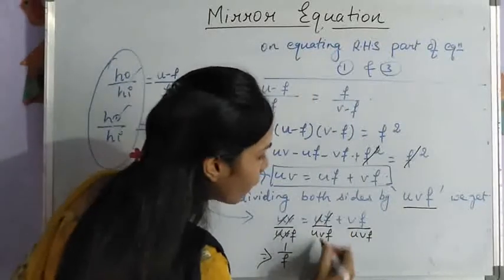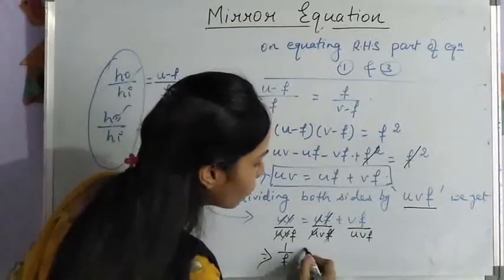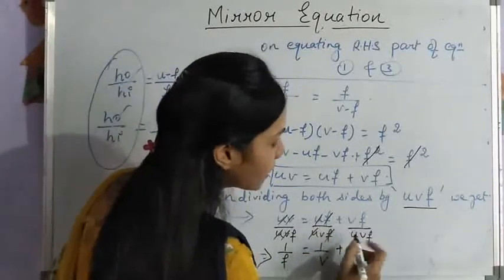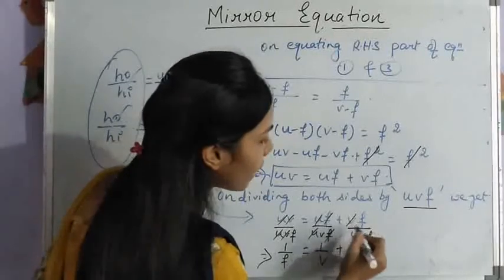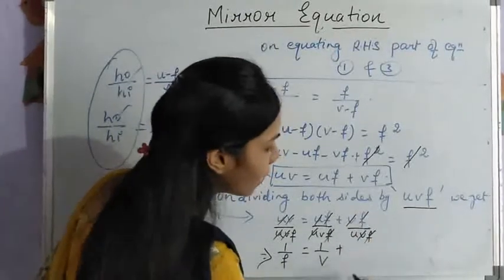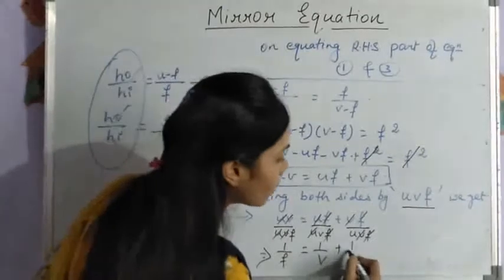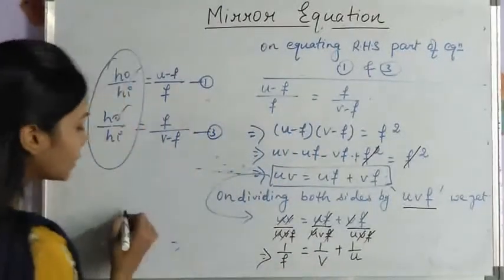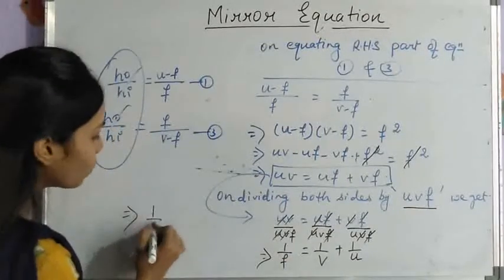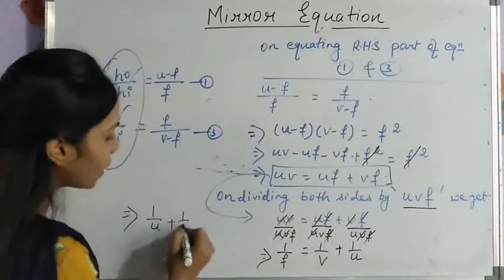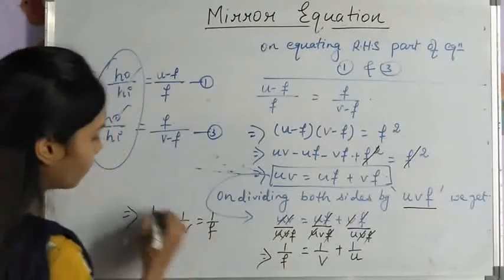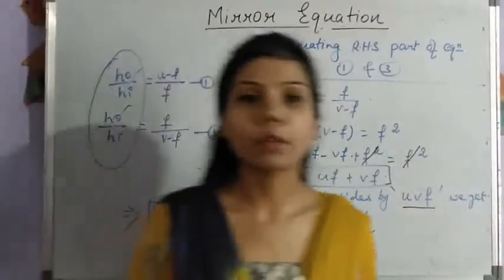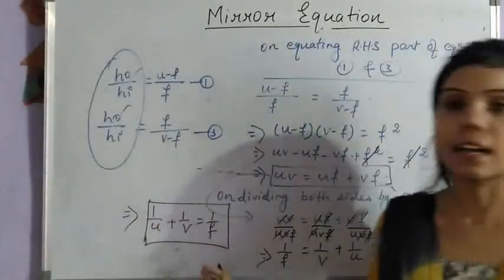Here UF, here also UF, we are left with 1 by V. Plus VF, here also VF cancel each other and we are left with 1 by U. And this is our final equation. Let us rewrite over here: 1 by U plus 1 by V is equal to 1 by F. This is our required mirror formula that we were supposed to derive.